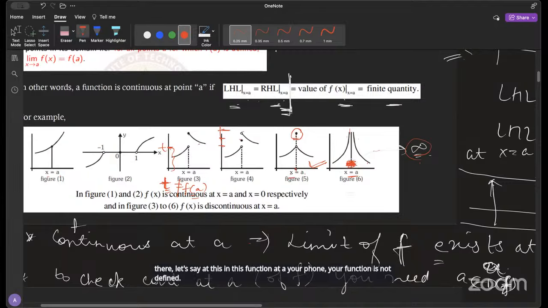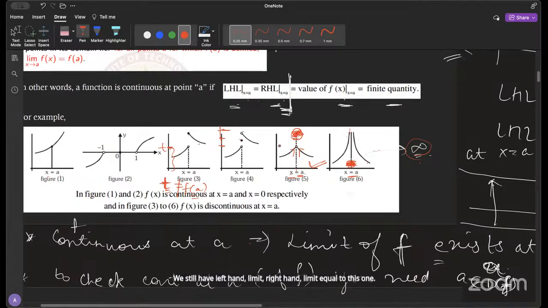That means this point is not in the domain. Then you won't see this point here, right? Is this part clear? But your limit still exists, right? You can still find the limit. You still have left hand limit and right hand limit equal to this height. But your function is not defined at this point. Is this fine?